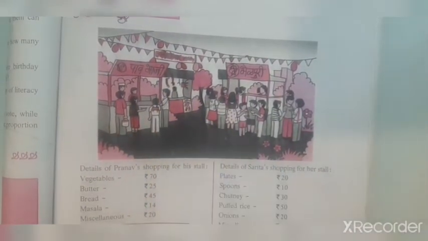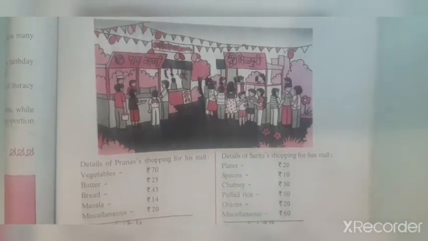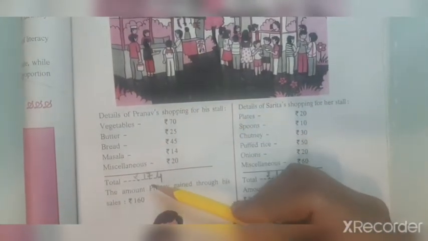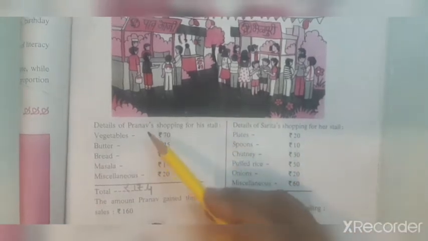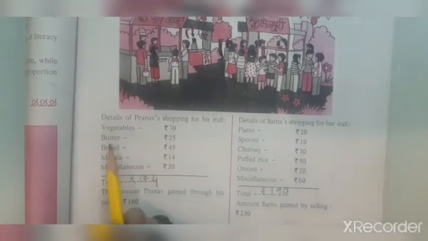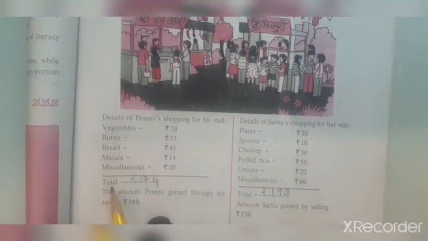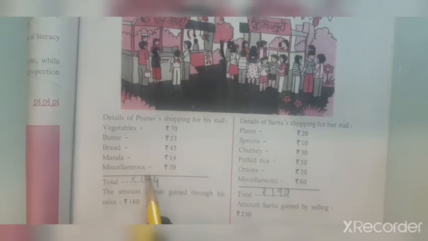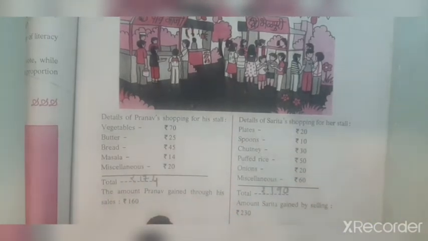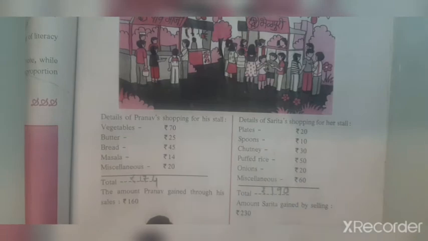Now to arrange for the stall and the material required for the stall, they had to go shopping. So Pranav had to bring vegetables, butter, bread, masala, and miscellaneous. Miscellaneous means some other things, for making pav bhaji.